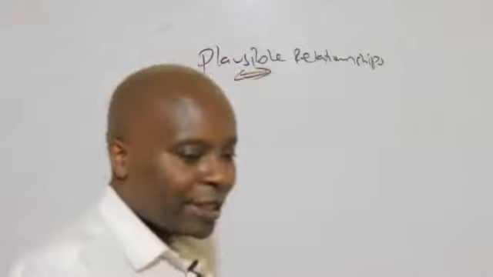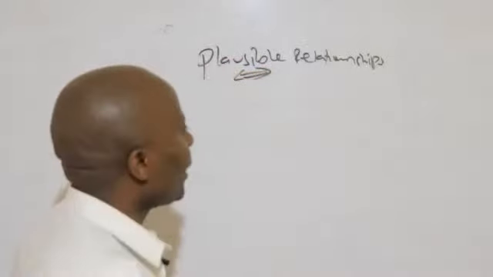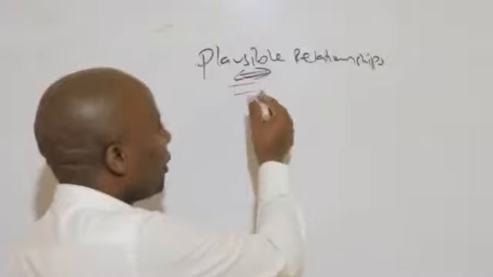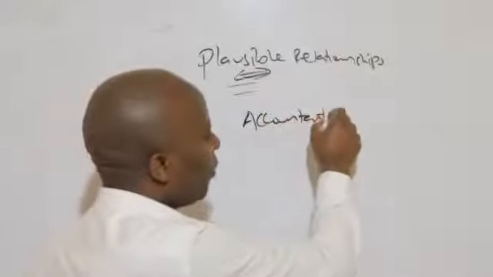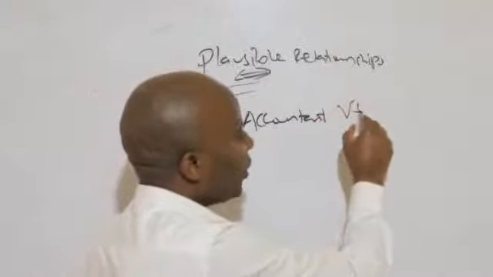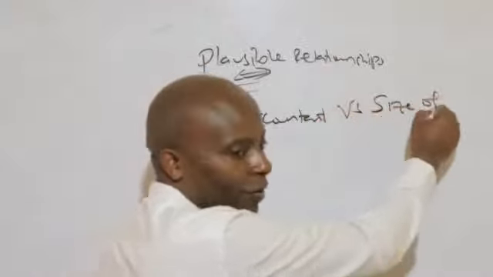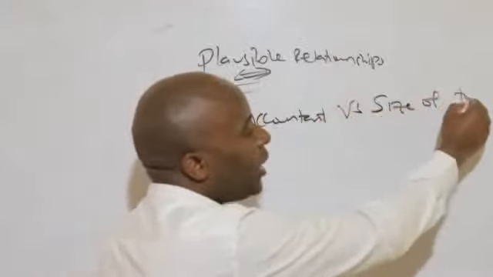So for instance, if you have this kind of a relationship, effectiveness of an accountant versus the size of the toe.